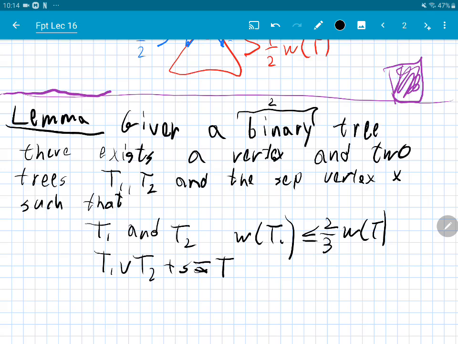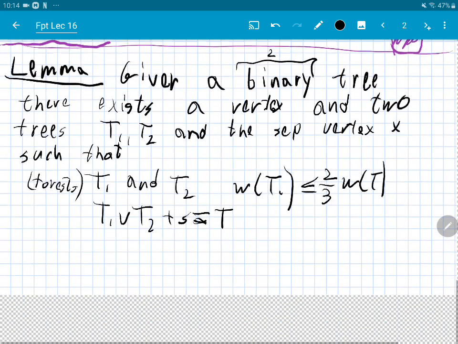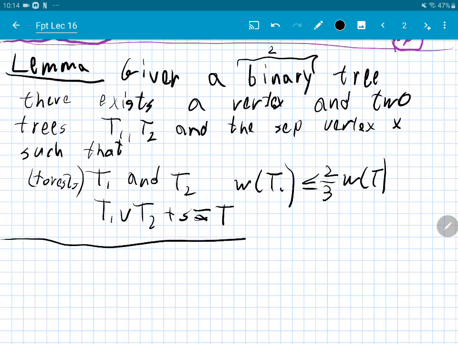T1 and T2 are not really trees, they are forests in this case. So the promise reduces from half to 2/3, and the proof is the same proof.